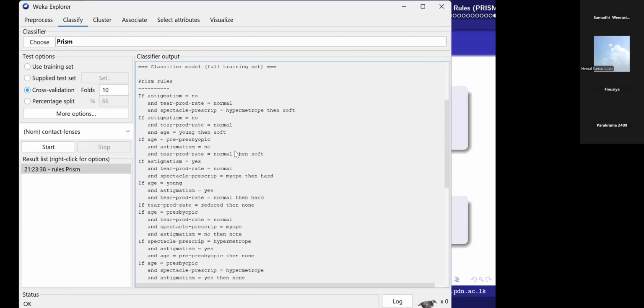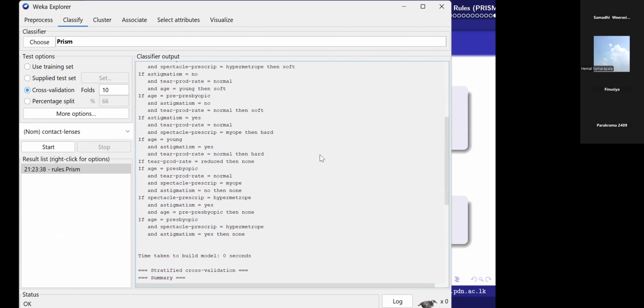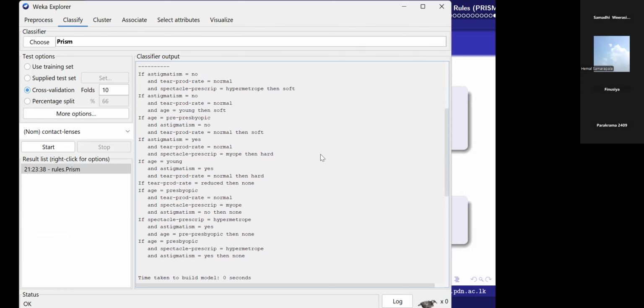So you can see the number of rules generated using the Prism algorithm for the contact lens dataset. How many rules? 1, 2, 3, 4, 5, 6, 7, 8, 9. There are 10 rules actually generated by the Prism algorithm.